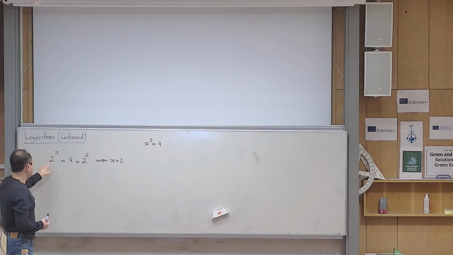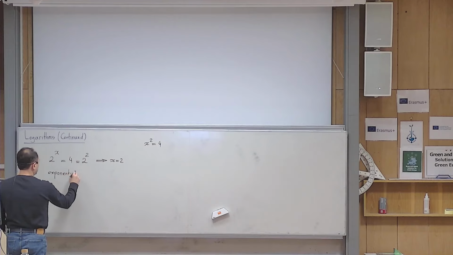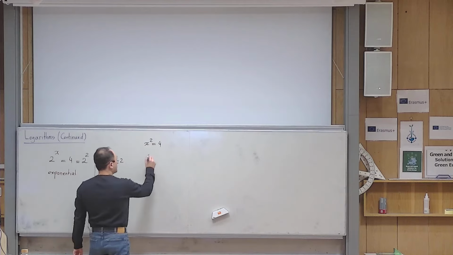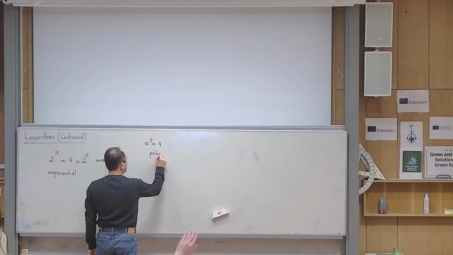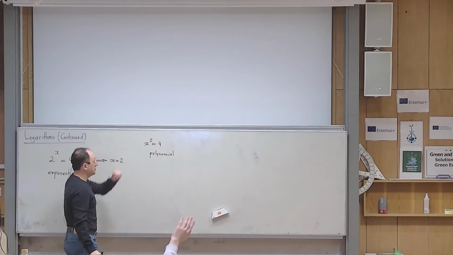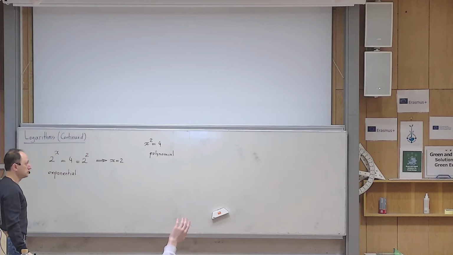So these kinds of equations are called exponential equations, yes? Exponential equations. These kinds of equations are called polynomial equations. Of course, in this case, you can also consider it a quadratic equation because the degree is 2.